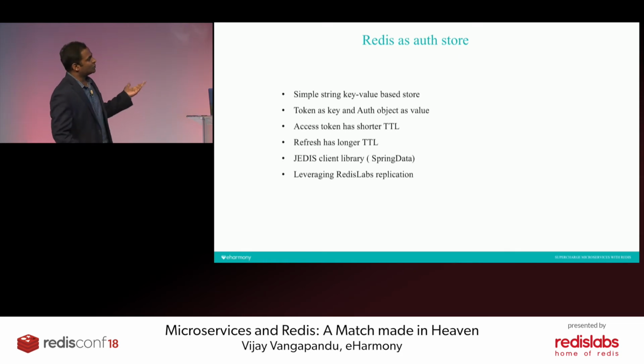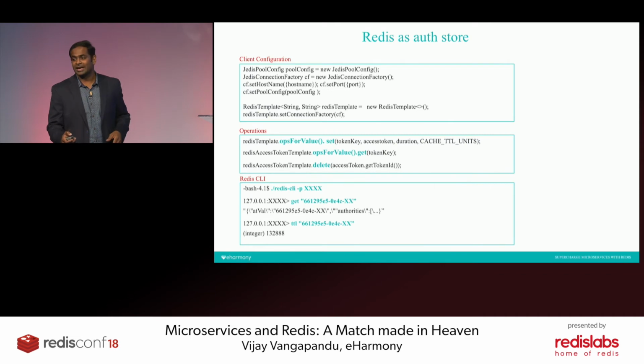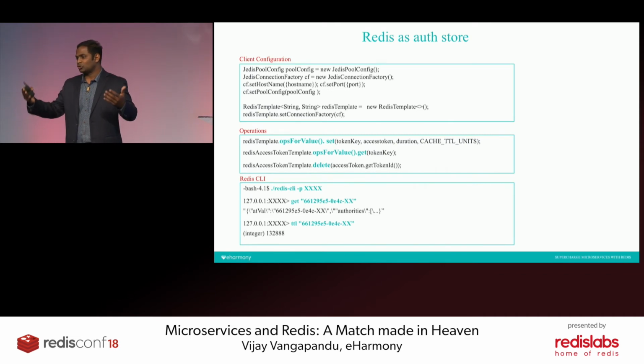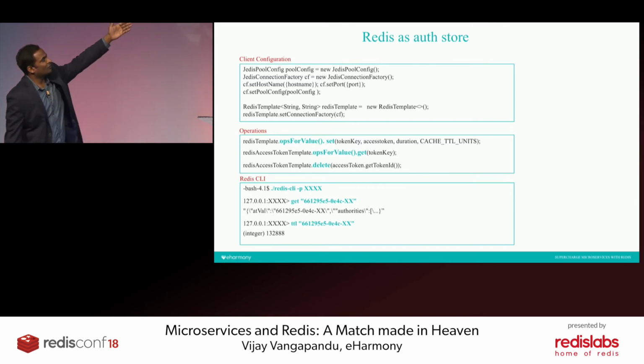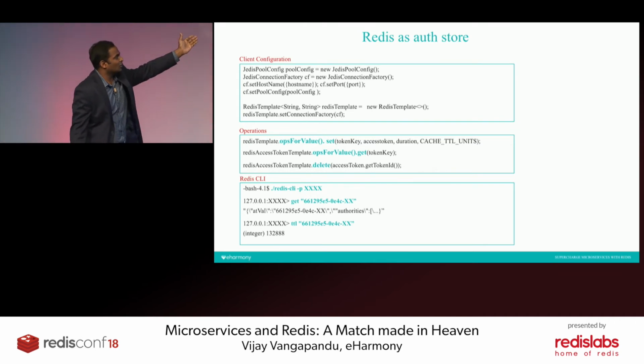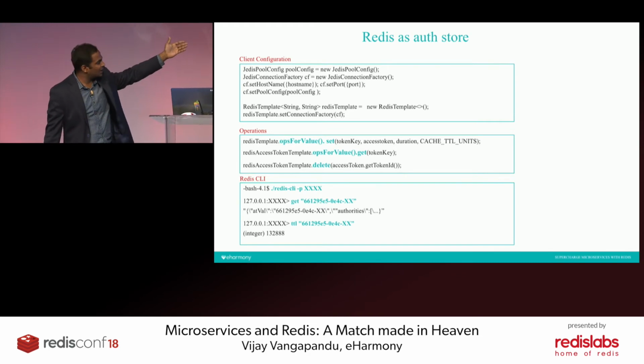Leveraging Redis Labs replication, we have two shards, in total four shards: two primary and two secondary. Client configuration with Spring is like that, and for operations you use redisTemplate opsForValue, where you can set with a TTL.